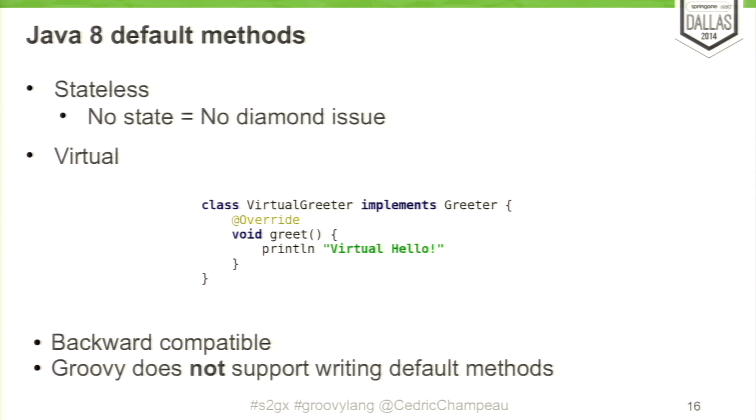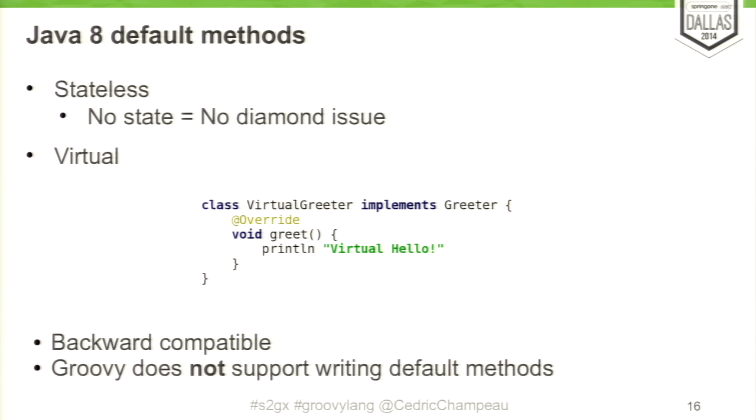And even if you have an implementation, as long as the implementation doesn't access some state inside the class, you don't have a problem because everything is well placed. You know? So no state in Java 8 default methods.